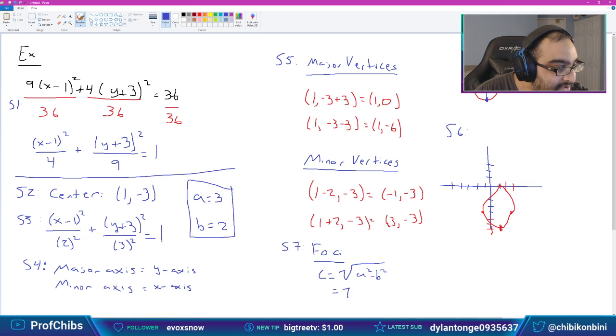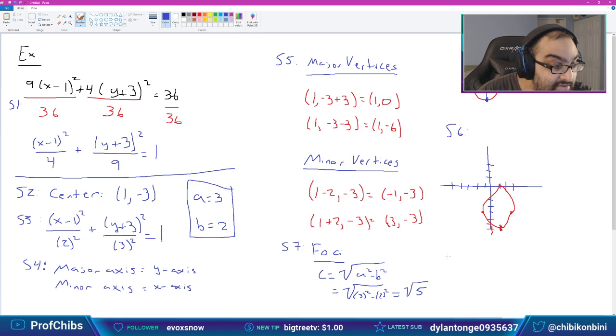Here we're going to get the square root of 3 squared minus 2 squared. If you do that out really quickly, that's equal to the square root of 5. That will be c. Now remember how it works here: our major axis is the y-axis. Because of that, we start from the center and go up and down, adding and subtracting the square root of 5 from the y-coordinate.